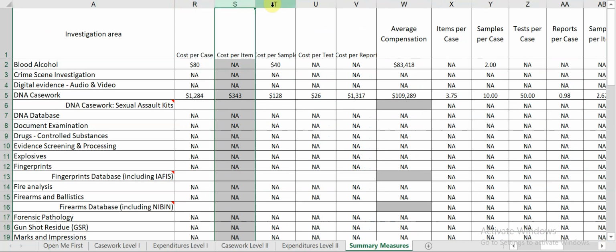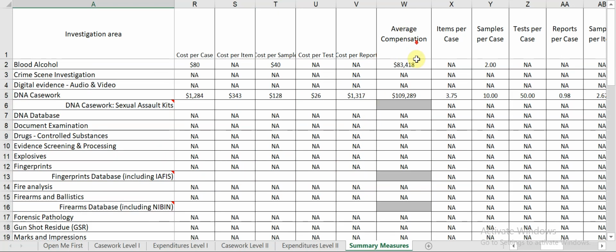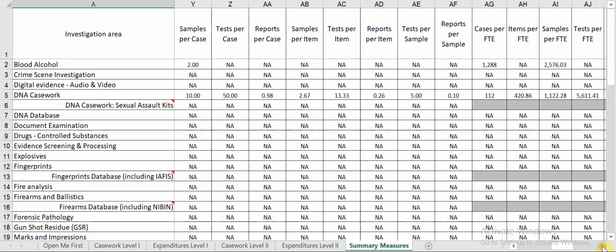And this is per item examined internally, cost per sample. Always a piece of information that is generally of great interest, and particularly in things like DNA or blood alcohol. But you may find that's true here in any of the other cases that we examined here, serology, biology, and the toxicology areas. Cost per report, okay, that's coming up. Average comp, okay, that's going to stay the same because of how we allocate it.